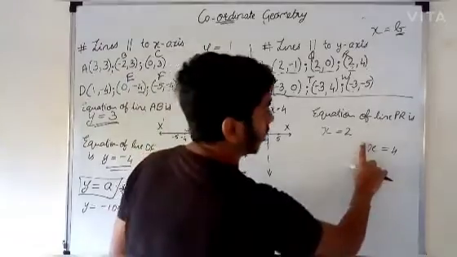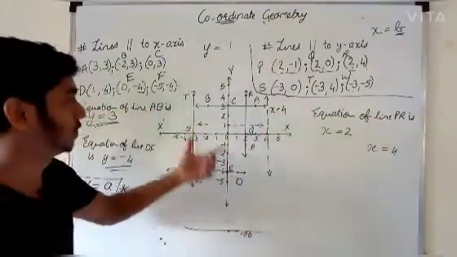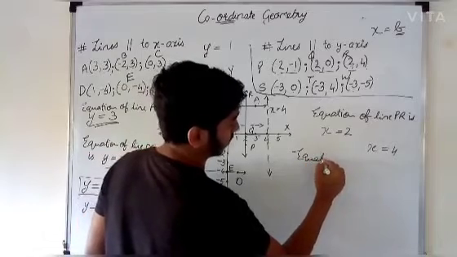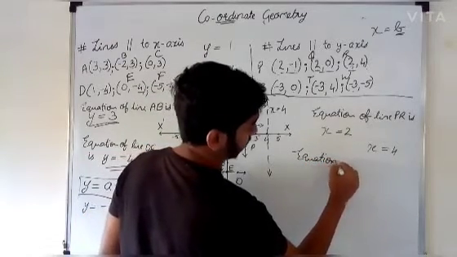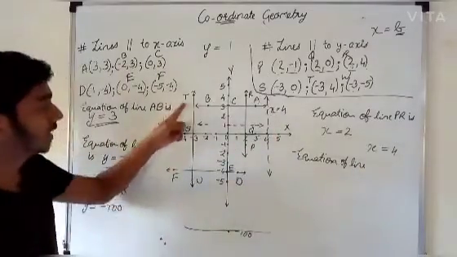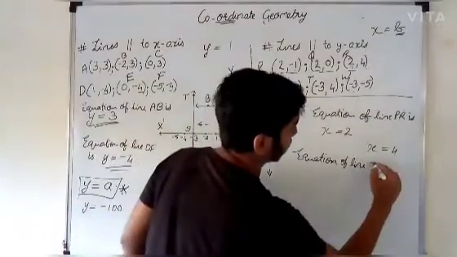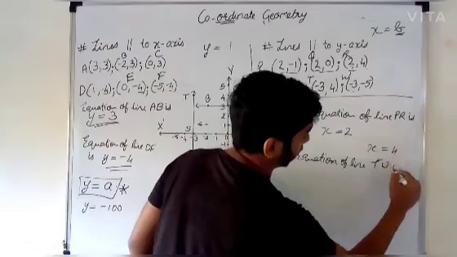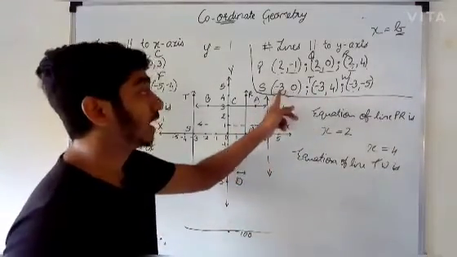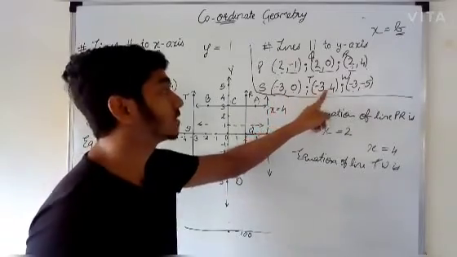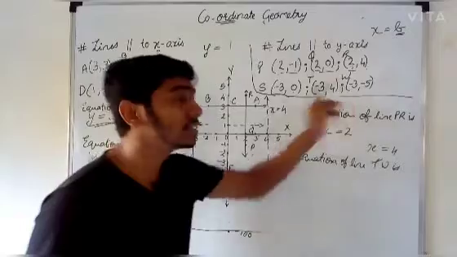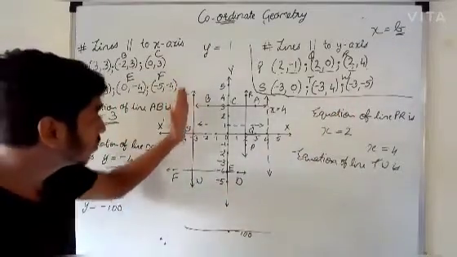Now, let's see this other equation which we found, the equation of line TW. If you see again in these 3 points, the X coordinate, which is -3, -3 and -3, are the same.